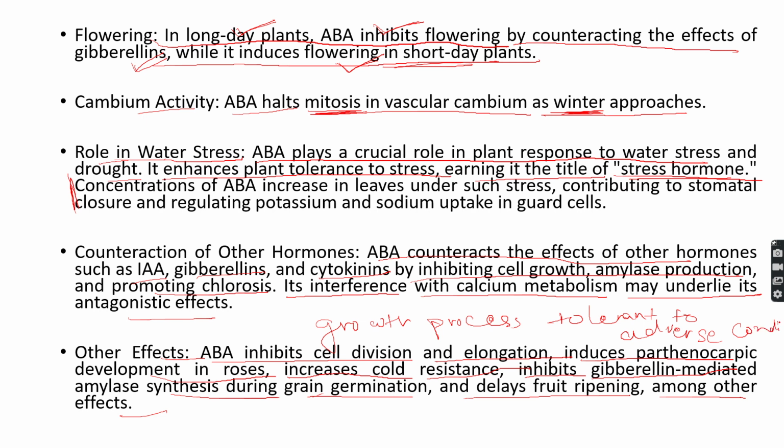Okay, so this is all about the discovery, some important points and the physiological role of ABA. I hope you understood all the points, and some important points are there, such as stomatal closing and opening. We will discuss in detail how it acts on that activity. Okay, so this is all for today's class.